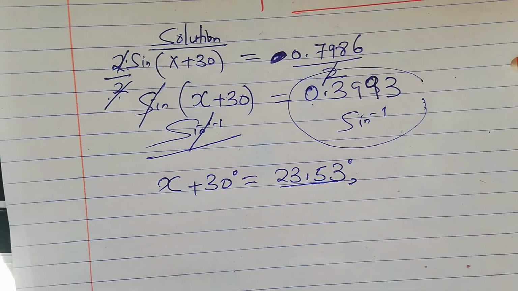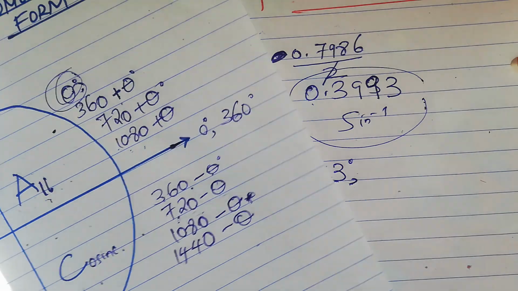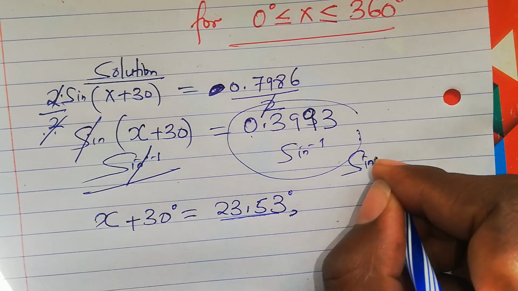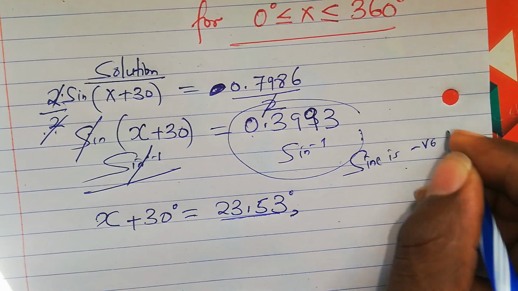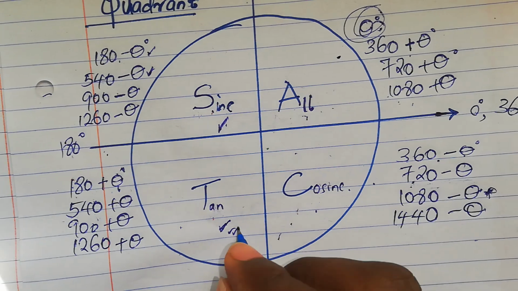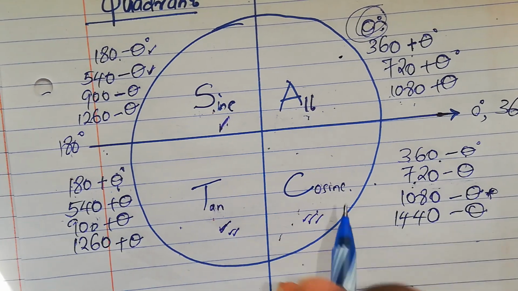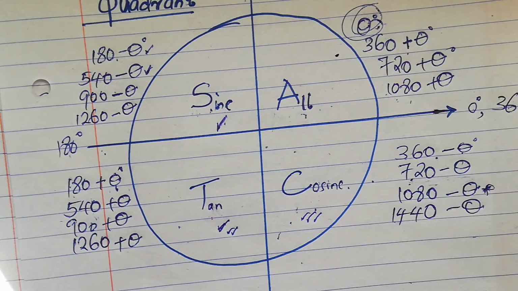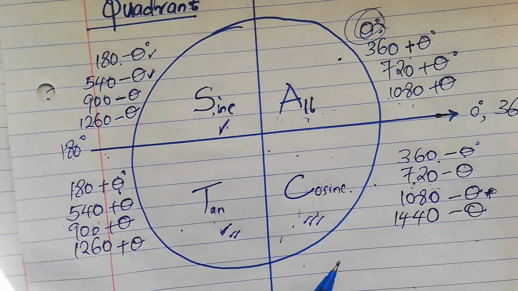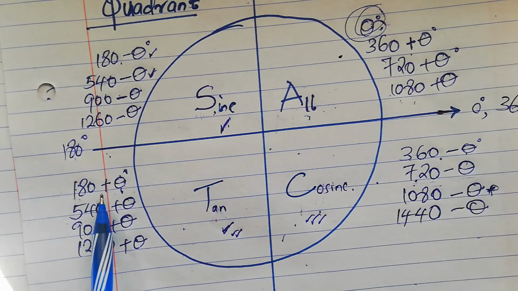Put a comma. You bring in your quadrant again. We want where sine is negative. So where do we have sine as negative? Down here at tan and at cosine. So if the angle is theta, we can forget about it a little, but concentrate on these ones, like 180 plus theta. The first one, 180 plus theta.